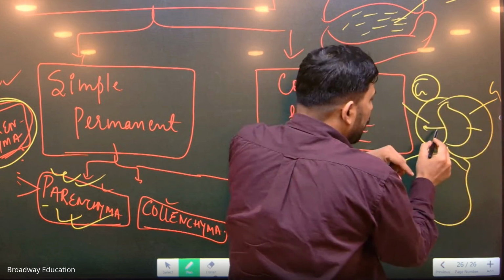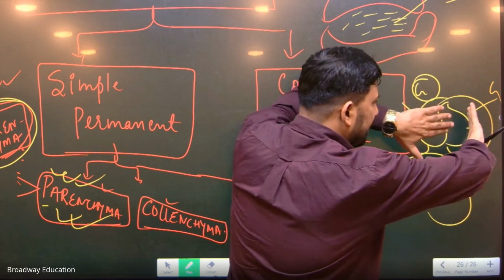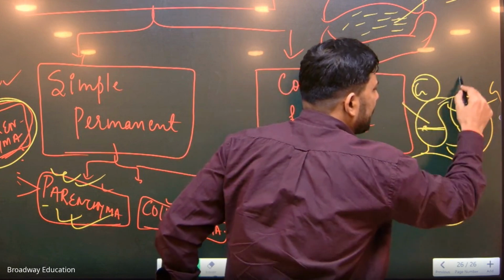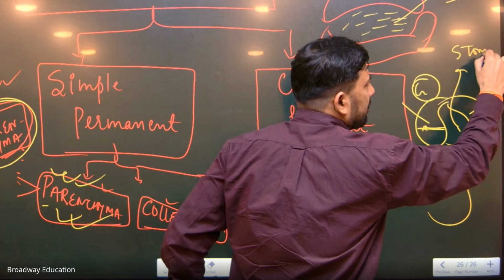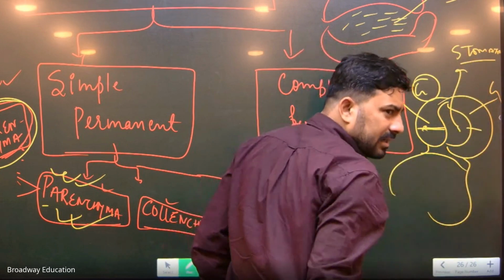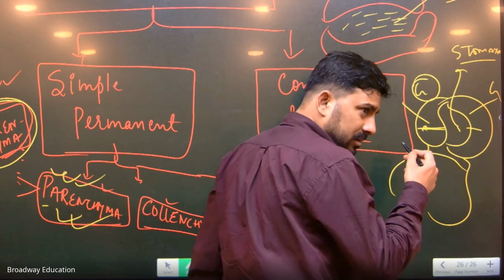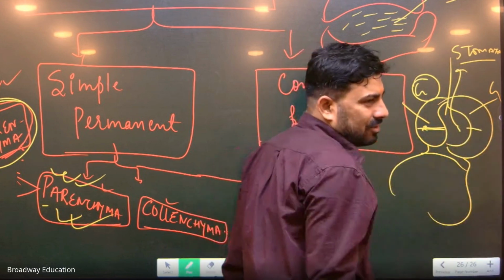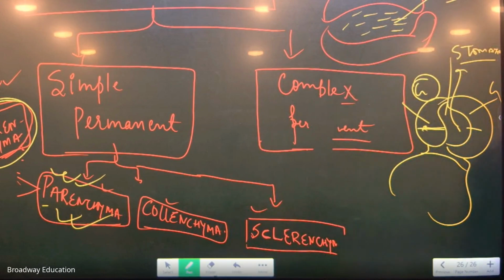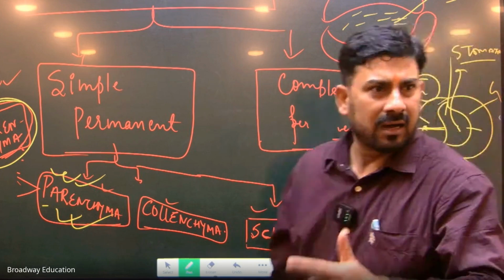Getting my point. तो ओपन होता है तो ये जो here this opening is called as stomata. समझ आ रहा है? और यहाँ से फिर क्या होता है, लॉस ऑफ वाटर, लॉस ऑफ ट्रांसपिरेशन. समझ में आ गया?